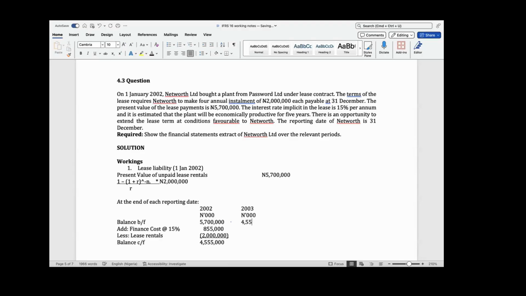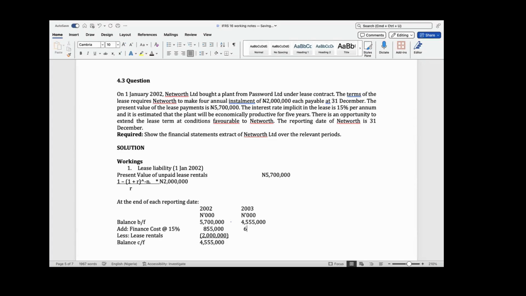Okay, so we'll bring forward 4,555,000. What's 15% of 4,555,000? $683,250.